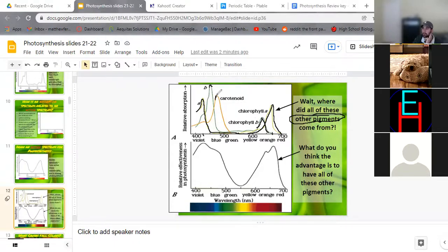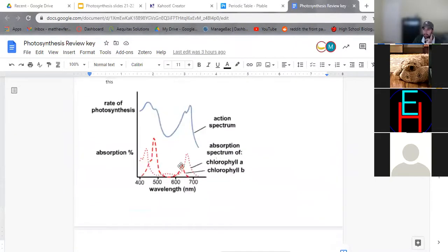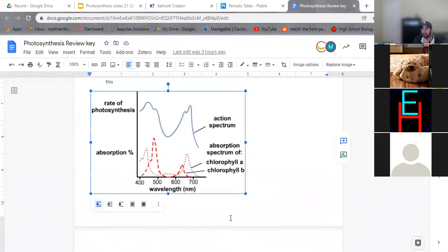So it's the sum of all of these peaks that work together to create the overall photosynthesis action spectrum. Right, the action spectrum for photosynthesis is broader than the absorption spectrum of only chlorophyll, because chlorophyll is not the only pigment that is used.